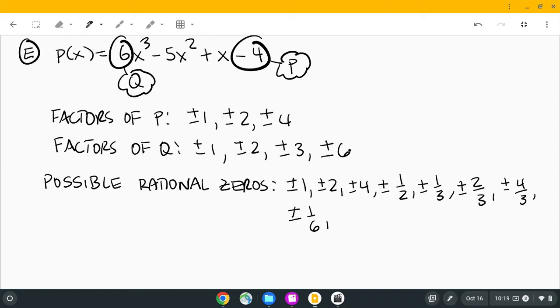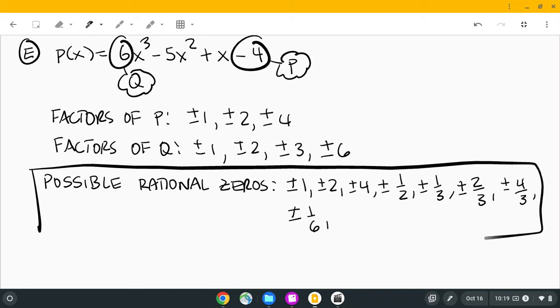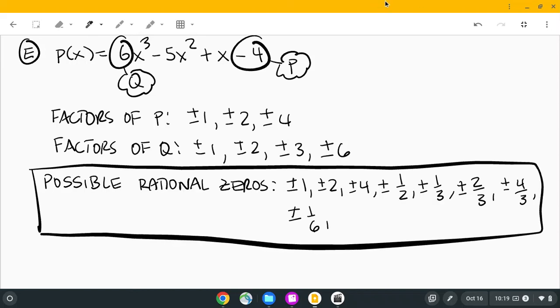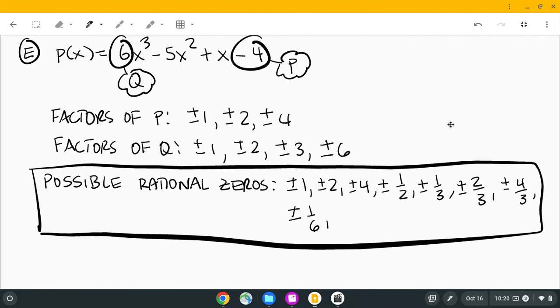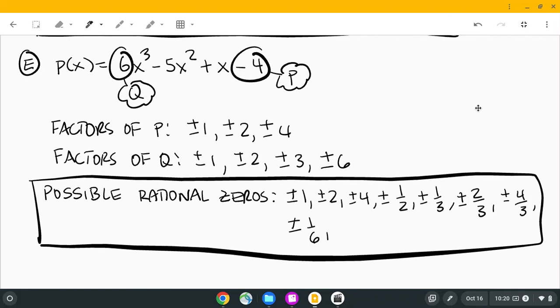Plus minus 2 over 6, but 2 over 6 is 1 over 3, and we already have that, so I'm not going to list that. And then plus minus 4 over 6. 4 over 6 is 2 over 3, and we already have that, so I'm not going to list that either. So these here would be your list of possible rational zeros. Hopefully you got that. If you have any questions, make sure you see me.